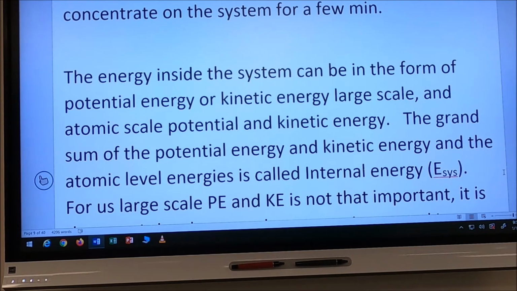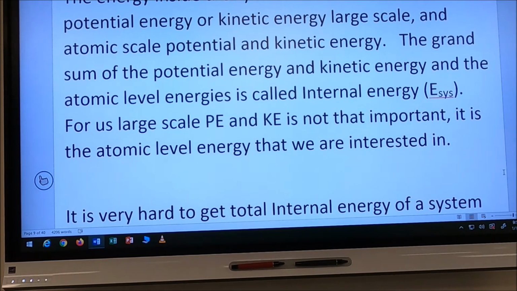The grand sum of the large scale potential and kinetic energy and the atomic level potential and kinetic energy is called the internal energy of the system, E_sys.